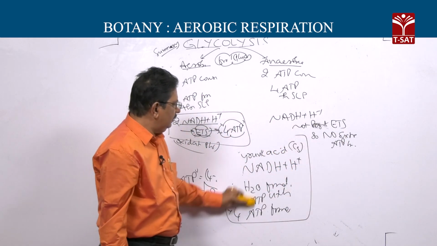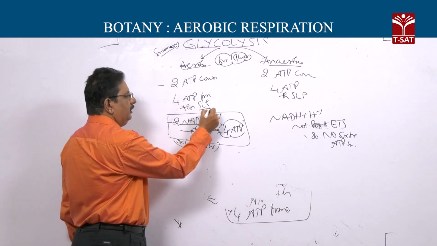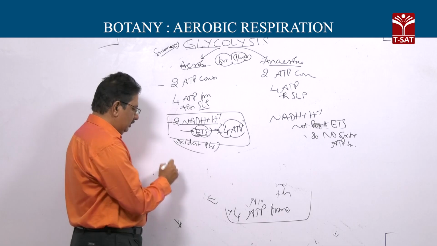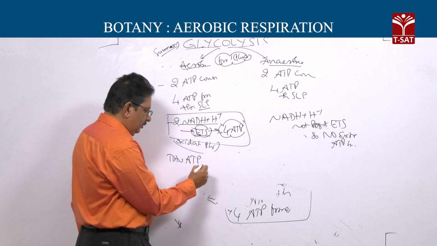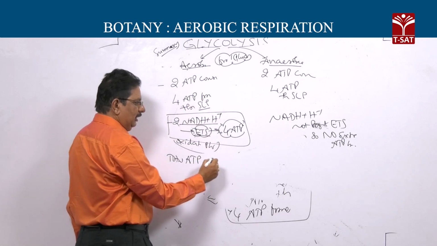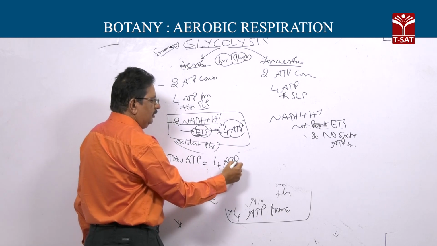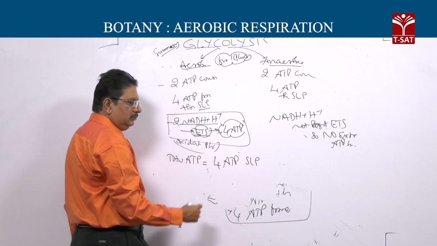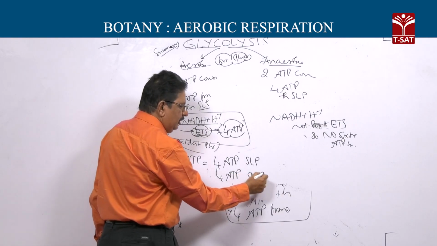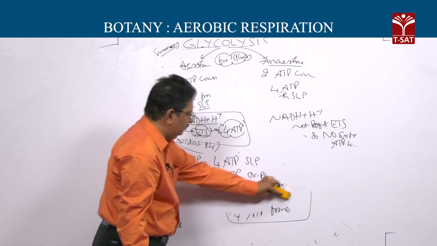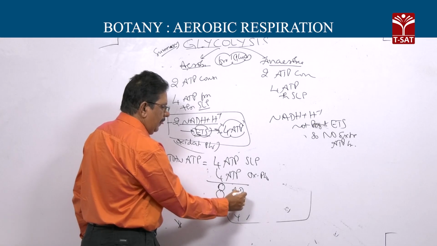So, finally, in aerobic glycolysis, considering the SLP and oxidative phosphorylation, total ATP formed is 4 ATP through SLP and 4 ATP through oxidative phosphorylation, that is 8 ATP.